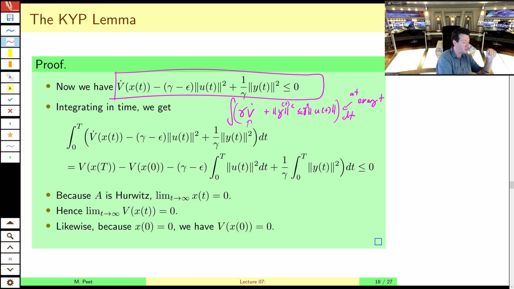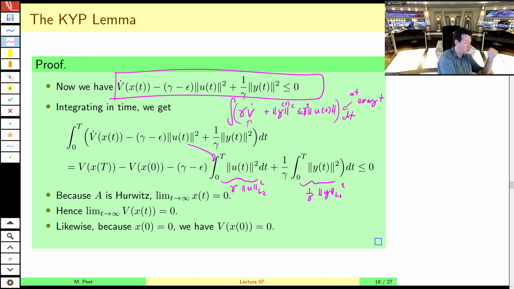So if we integrate the whole thing with respect to time, these two terms become, of course, gamma times the L2 norm of the input squared plus the L2 norm of the output squared.